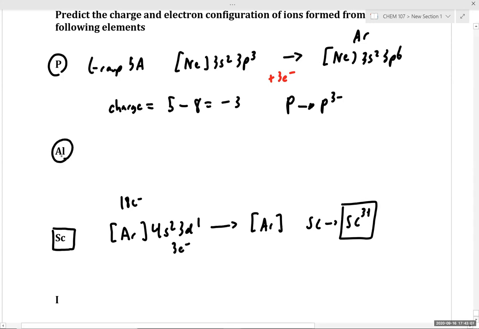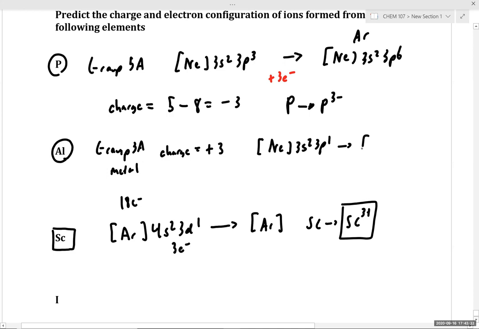Looking at aluminum, it's a group 3a element, which means it's a metal. So it would prefer to form a charge equal to the group number, which would be positive 3. Why is that? Aluminum has a configuration of neon 3s2 3p1.